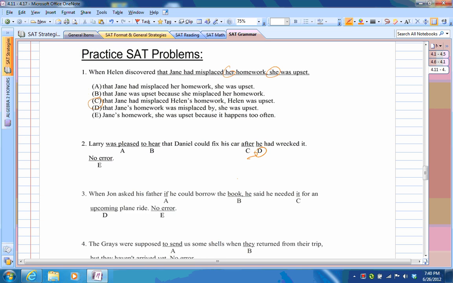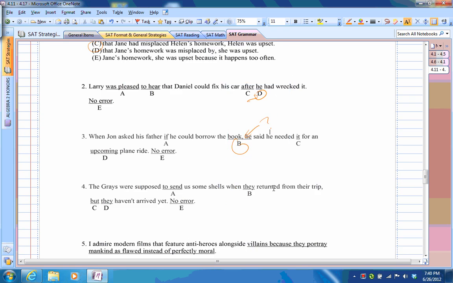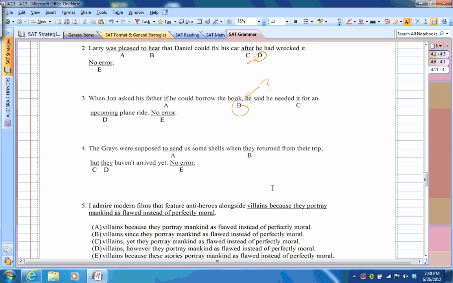For 3, well, who needed the book, the father or John? It's not quite clear who's going on the plane ride. So we go B, because that's unclear. Well, B is okay, because it's pretty obvious we're talking about the Grays' return from the trip.